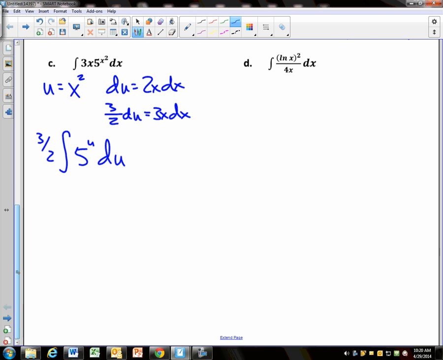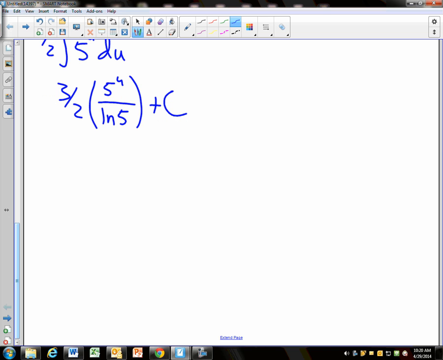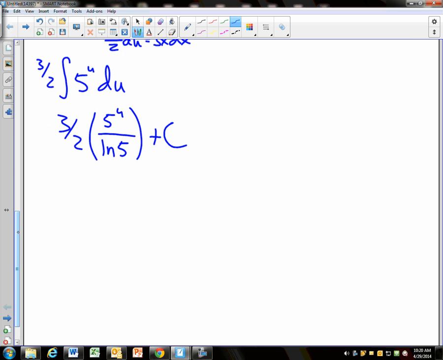So in this situation, we have 3 halves times 5 to the u over natural log of 5 plus c. So this is going to be 3 times 5 to the what power?